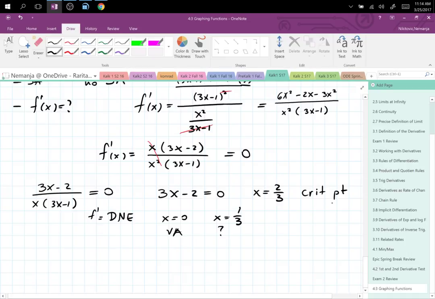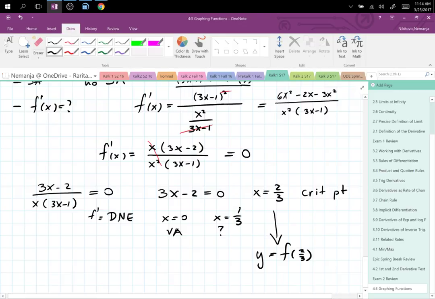So we have a critical point. Now we can find the y value by simply plugging 2/3 into the original function. The original function was ln of something. So to find the y value, it's f of 2/3.